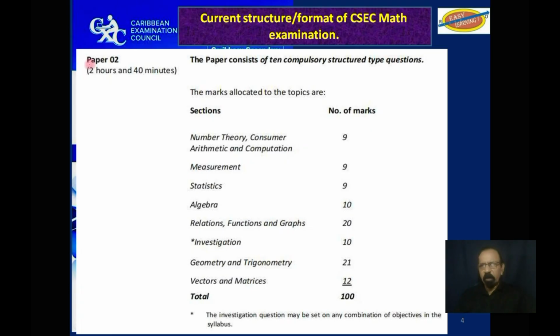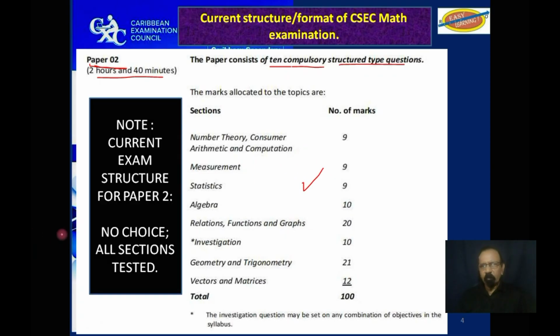There is also a paper 2, 2 hours 40 minutes, and this paper consists of 10 compulsory questions of the structured type from all sections of the syllabus as shown below.